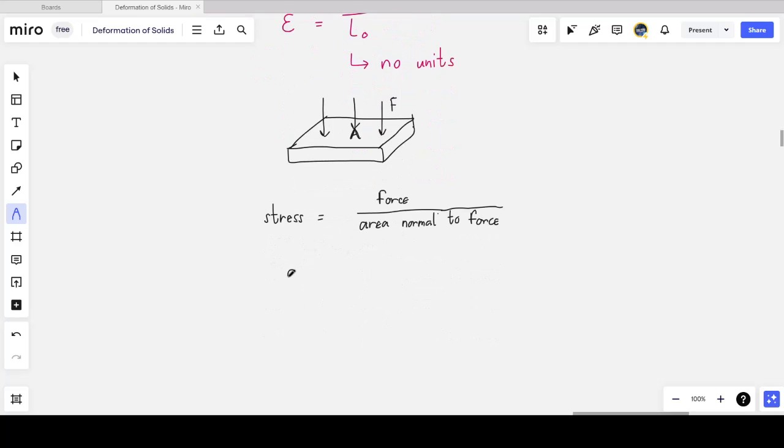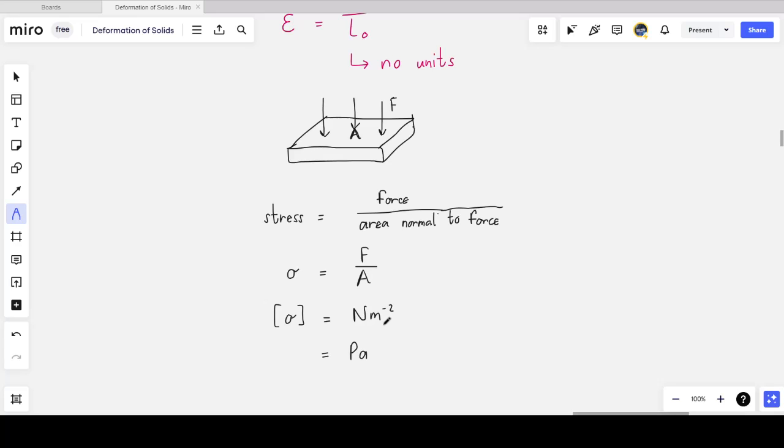We give this the Greek letter sigma. And sigma is equal to the force per unit area, F over A. The units of measurement will be similar to that of pressure, Newton per square meter, or we usually use pascals. So the stress is the force applied on the object divided by its area.